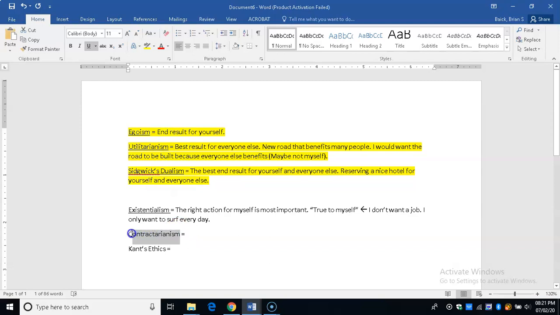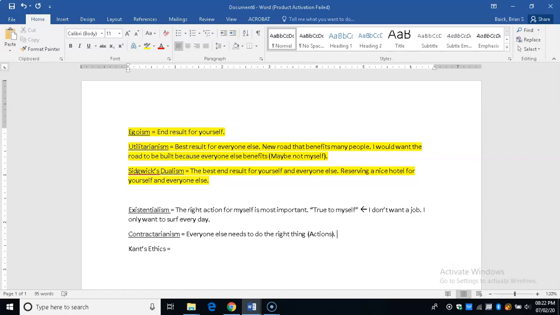What about if I say that everyone else should do the right thing? That's called contractarianism. Everyone else needs to do the right thing. In other words, the actions for everyone else are most important.